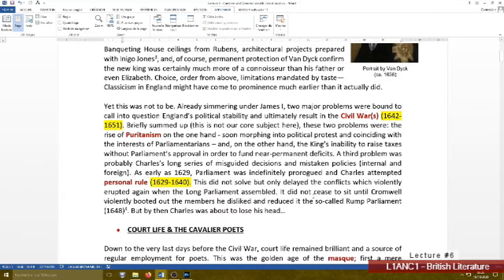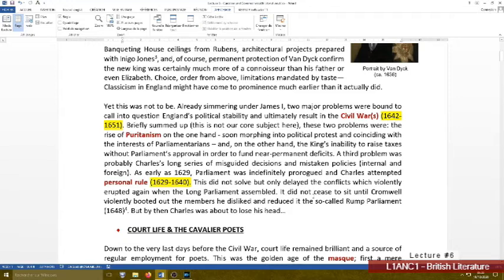But by then, Charles was about to lose his head. As you know, Charles ended up beheaded on the scaffold in London in January 49, and this was, of course, a shattering event. It was the first time that a king had been condemned to death by rebellious subjects.